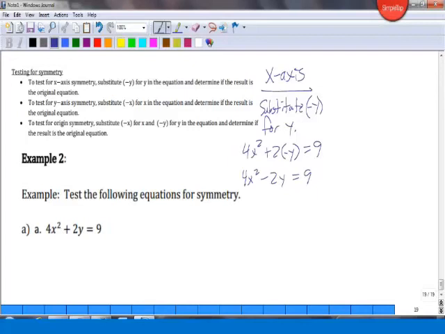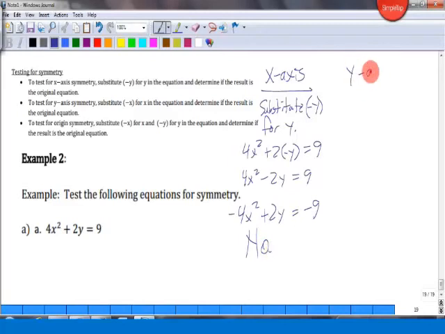No fraction here. If we multiply both sides by negative 1, what do we get? Did that help? Did that make it a little bit worse? Yeah. No, not identical to the original, not equivalent to the original. This is simply a no. This one does not have x-axis symmetry because we did not get back the original equation.